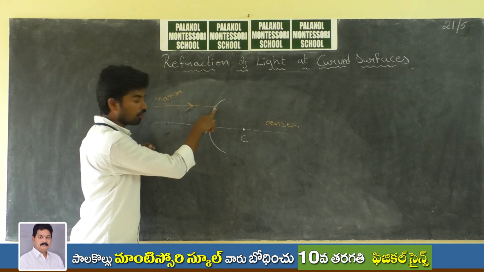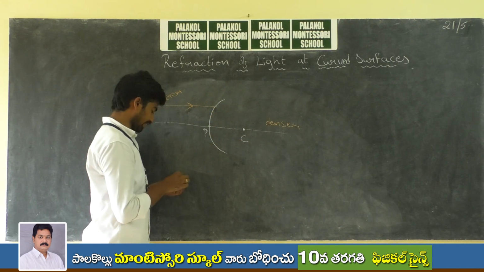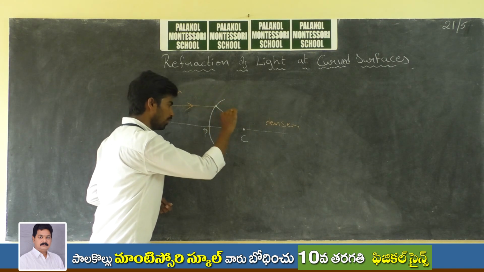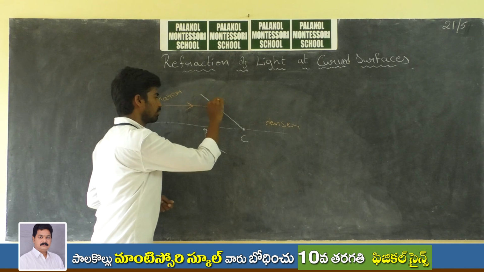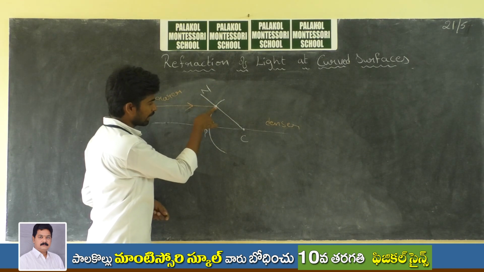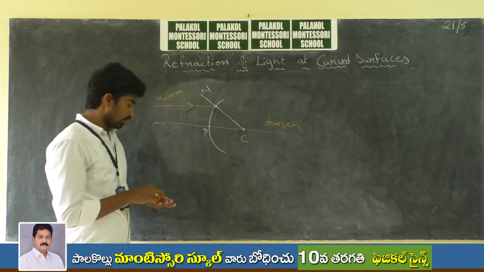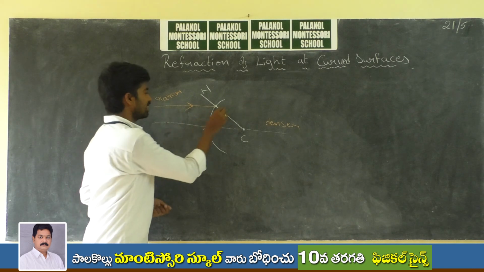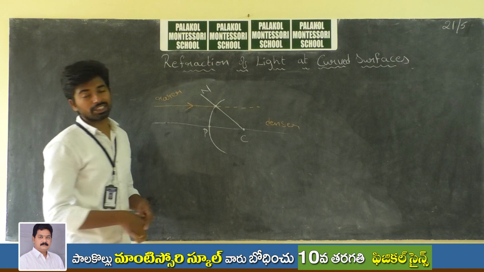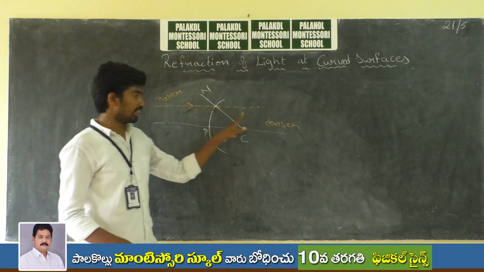So how can you draw the normal at this point of incidence? The line joining the center of curvature and this point denotes the normal line. This is the actual path of the light ray. The light ray travels from the rarer to the denser medium.